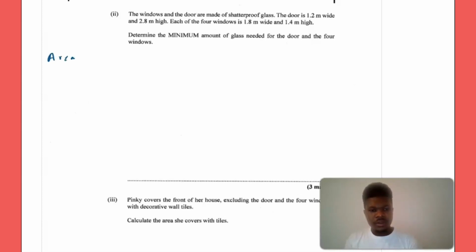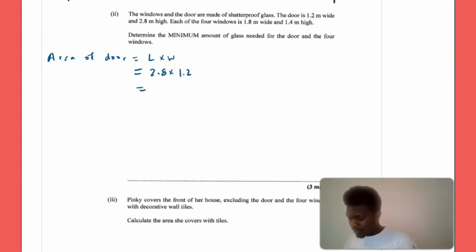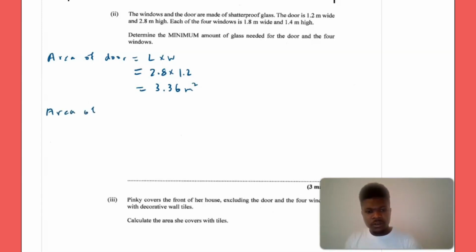So area of door. All of these are rectangles, so it's length times width, which is going to be 2.8 times 1.2. Use your calculator again. You get 3.36 meters squared. Then we need the area of windows.